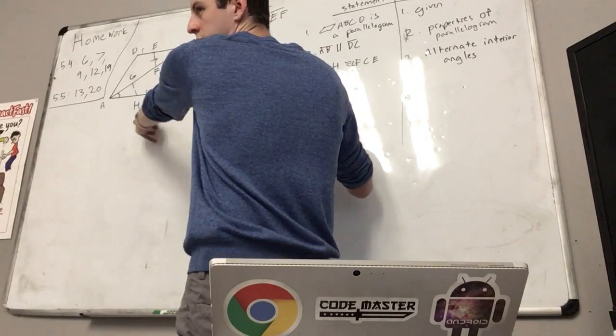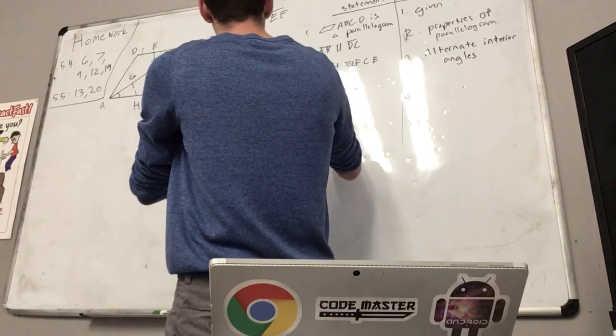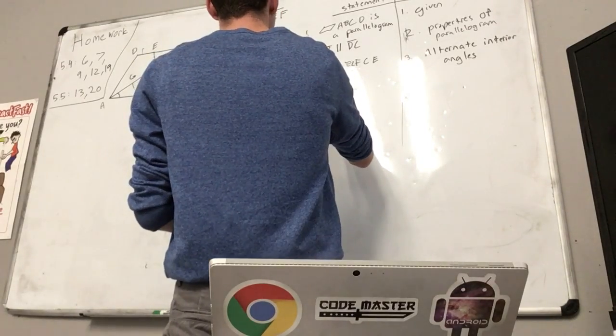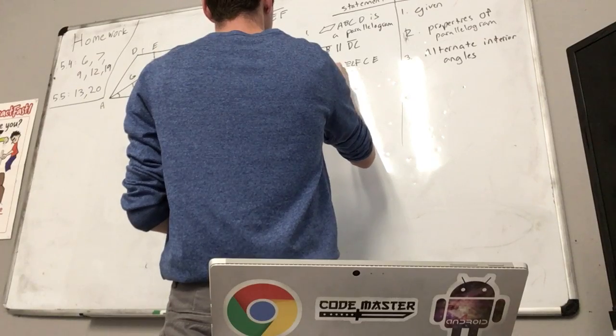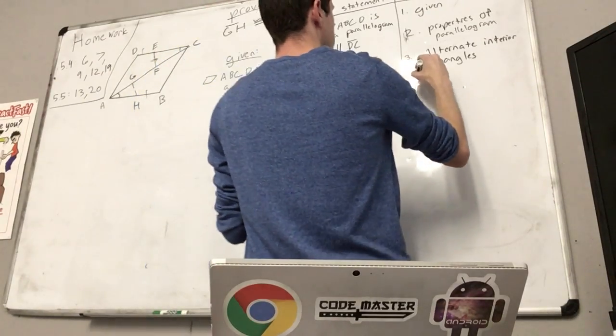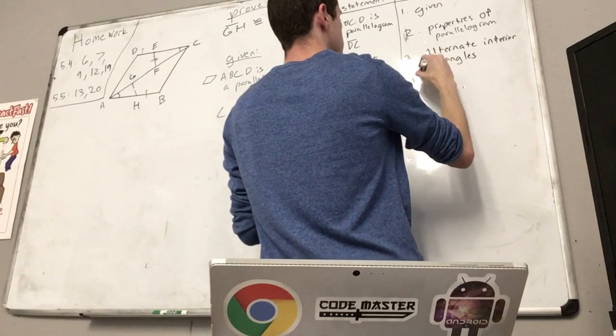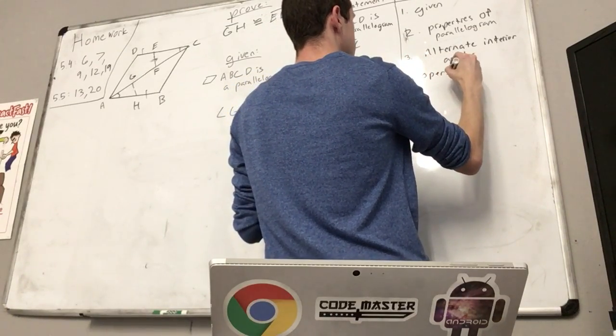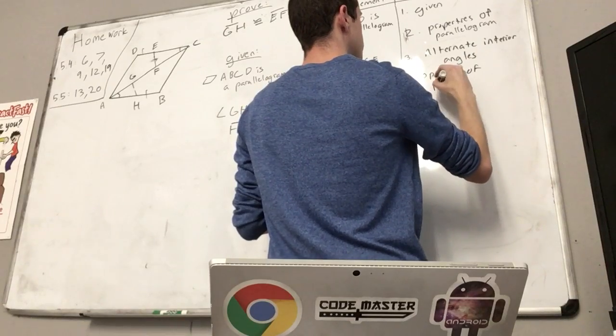You're doing subtraction on the bottom? Okay. We'll go in that order. I'm going to say that AB is also congruent to DC, properties of parallelogram.